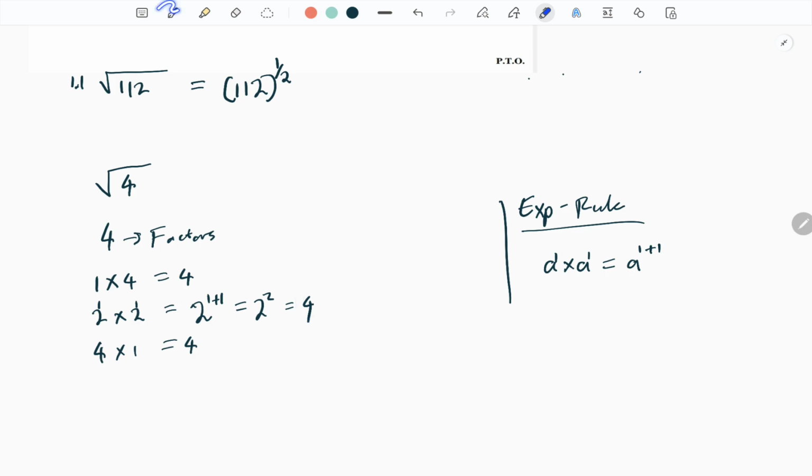Now that means we can say this is the same as whatever is inside the bracket, again, raised to the power 1 over 2.